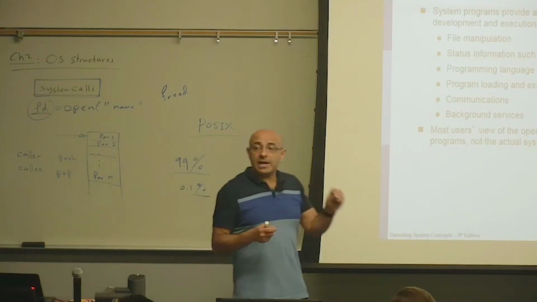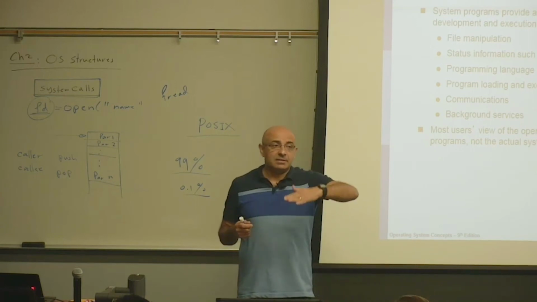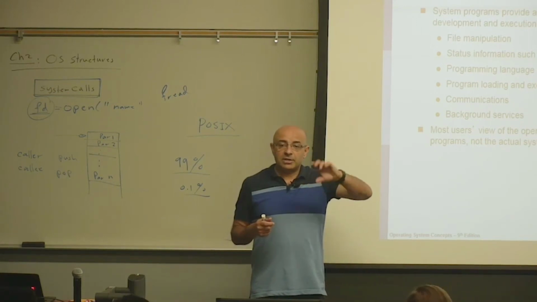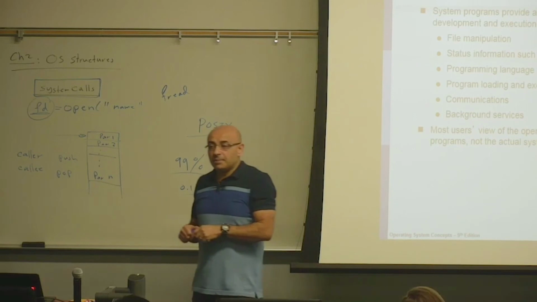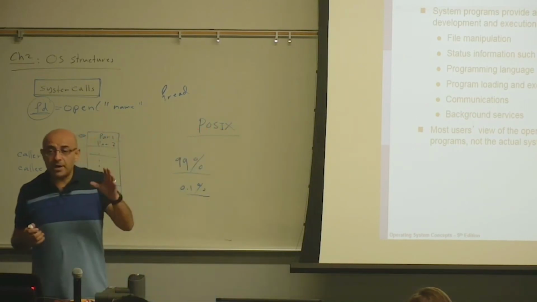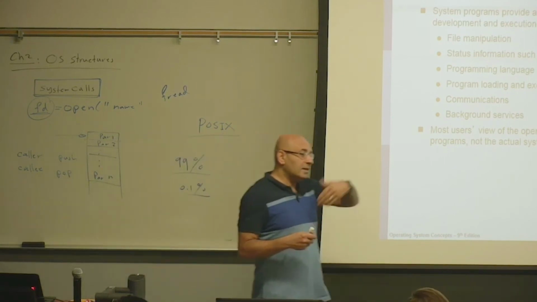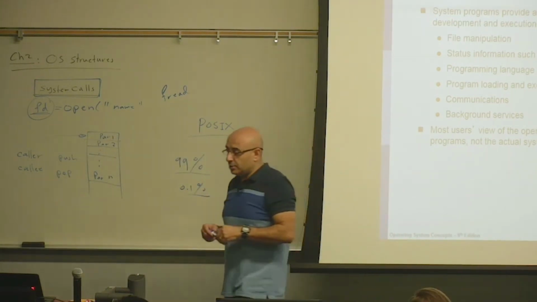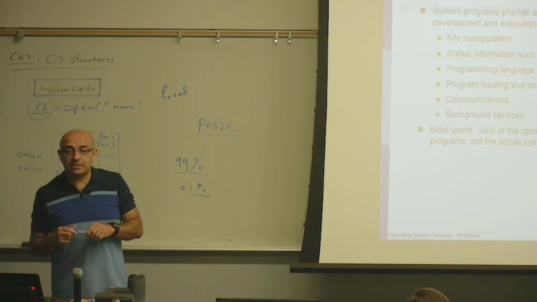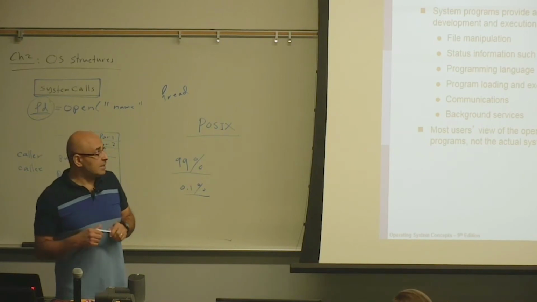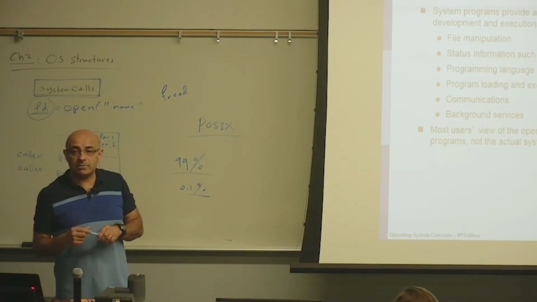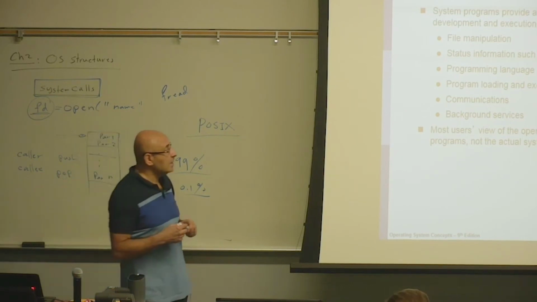But system programs may involve many system calls. So a system program may be issuing many system calls, and whenever it makes a system call, it's switching to the operating system, and the operating system is running in system mode. But system programs are typically run in user mode.